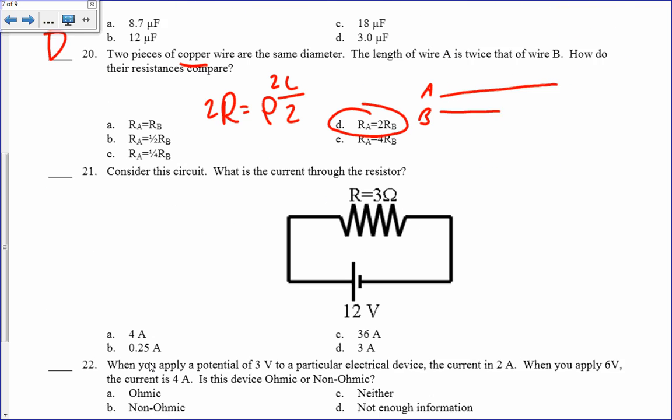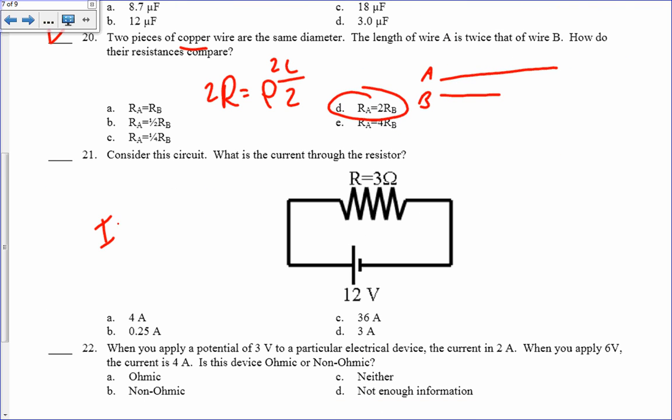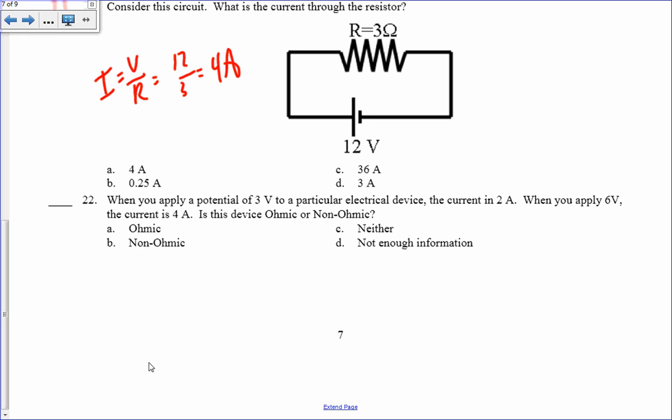Consider the circuit. What is the current through the resistor? Well, I from Ohm's law is V over R. That's just 12 over 3. It's 4 amps. We apply a potential of 3 volts to a particular electrical device. The current is 2 amps. When you apply 6 volts, the current is 4 amps. All right, so the resistance for the first one is 3 volts over 2 amps equals 1.5.